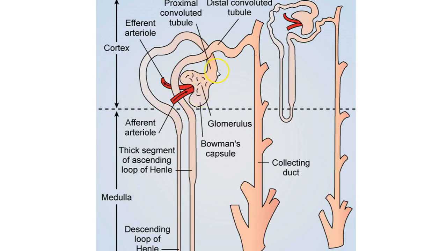And then it follows the route through the proximal convoluted tubule, as you see up here, and then down here to the descending loop of Henle, and then it turns around, and then it goes to the ascending loop of Henle.